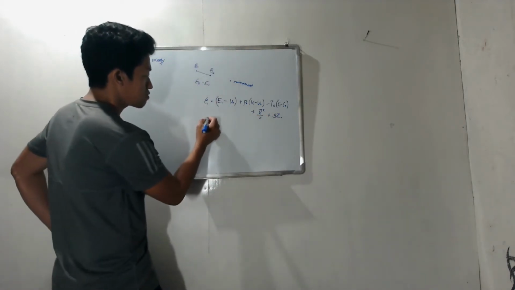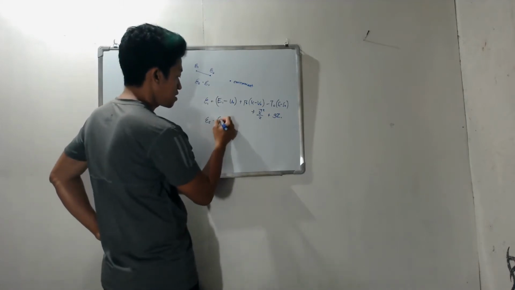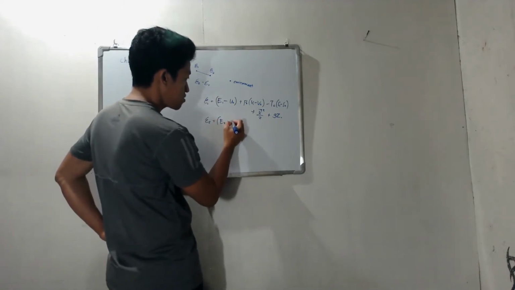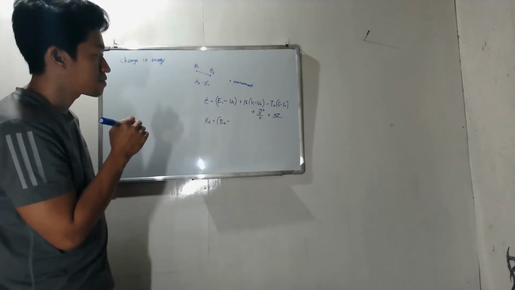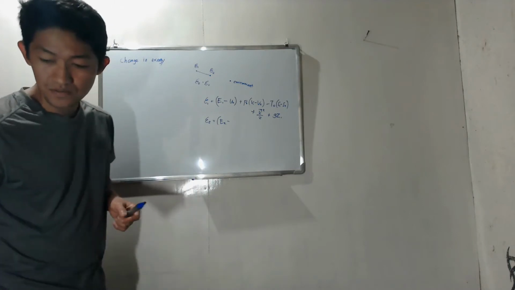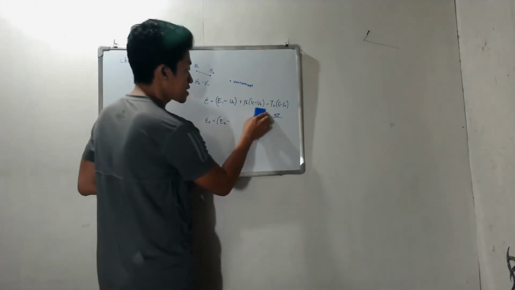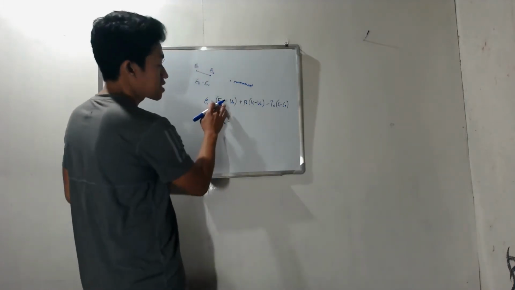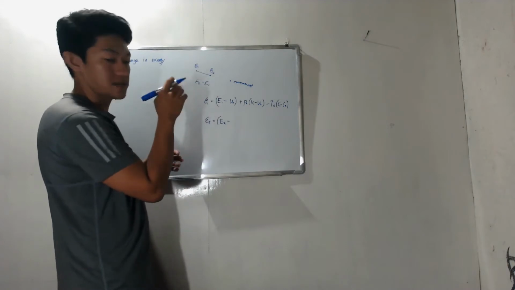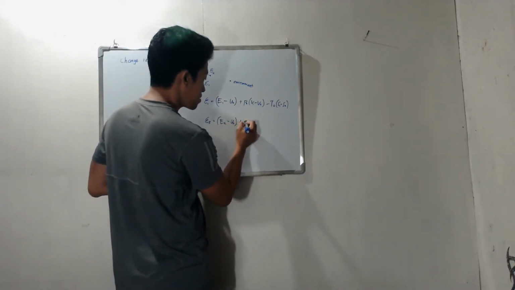And the exergy of state 2 is the energy at 2 minus U sub O, plus P sub O times V2 minus V sub O. The energy is composed of kinetic, potential, and internal energy.